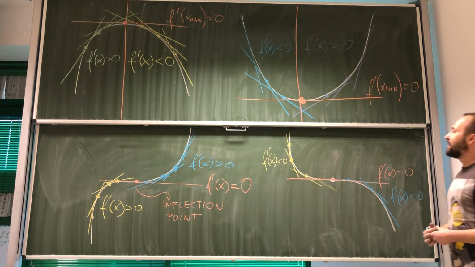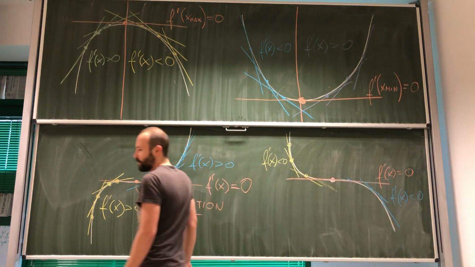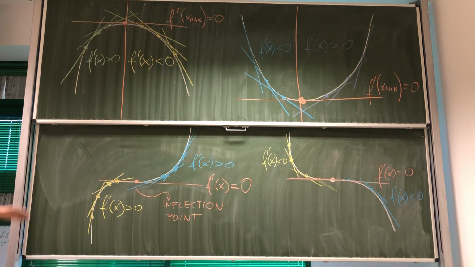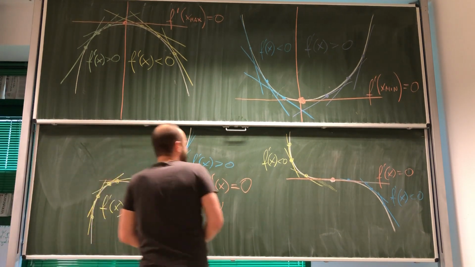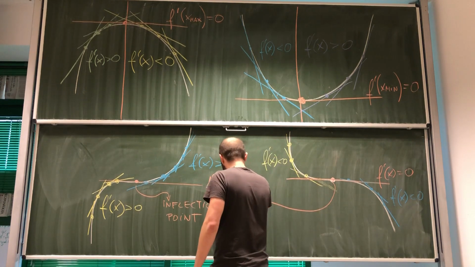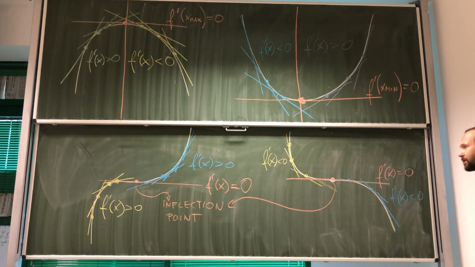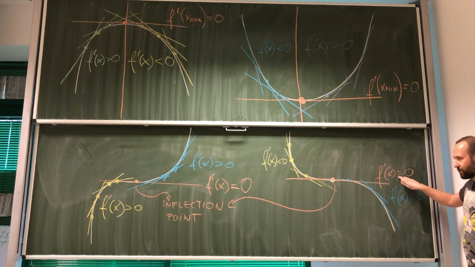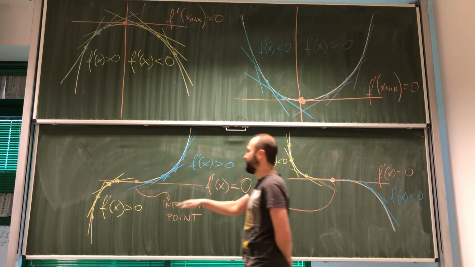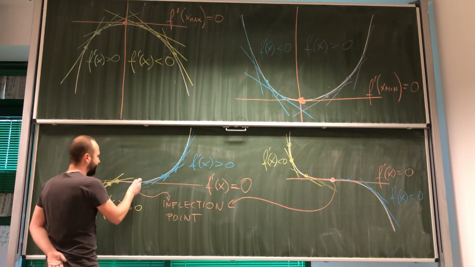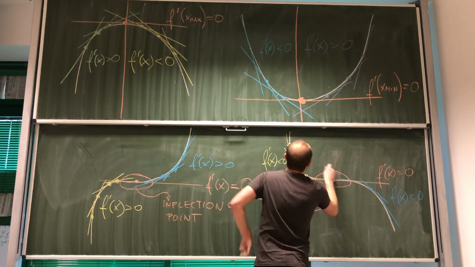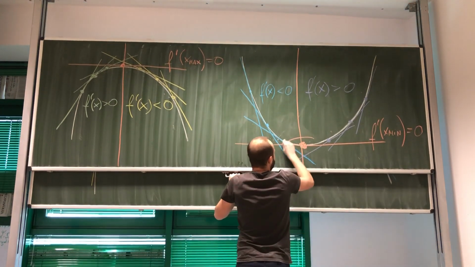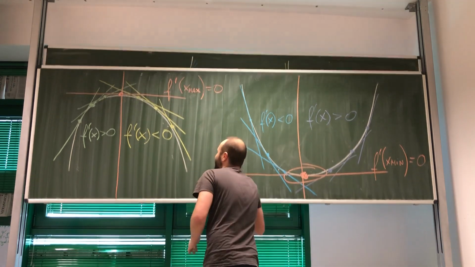Okay, so look, we clearly see that distinguishing whether we have a maximum, minimum, or inflection point, because of course this is an inflection point as well, depends not only on finding where the derivative is equal to 0, but on the behavior of the derivative around this point in all 4 cases that we have distinguished over here.